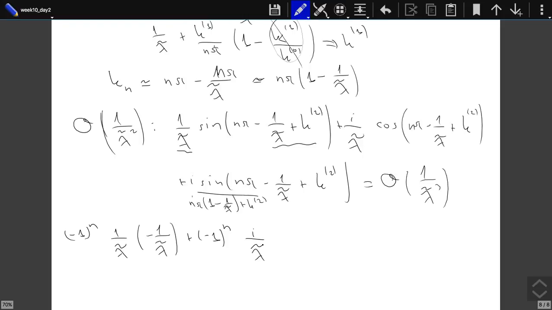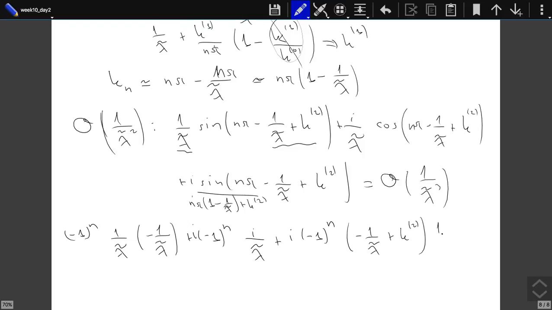And then plus, here I also have an I, plus I minus 1 to the n. And sine, let's see, the expansion of sine just brings me 1 over lambda tilde plus K2. The next term is the argument cube, which will contain terms smaller than 1 over lambda tilde squared, so I can just ignore them.